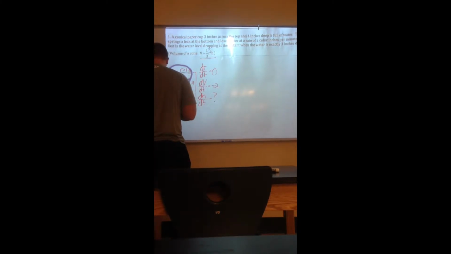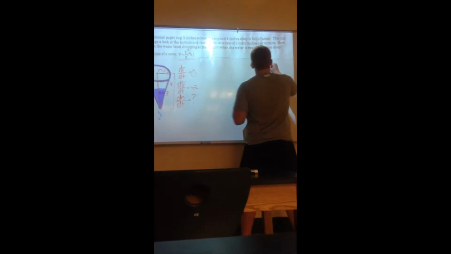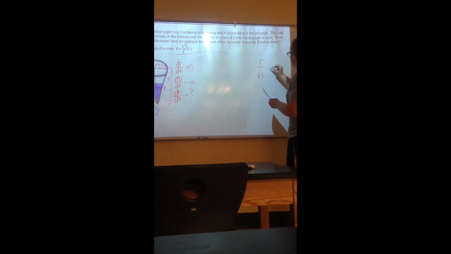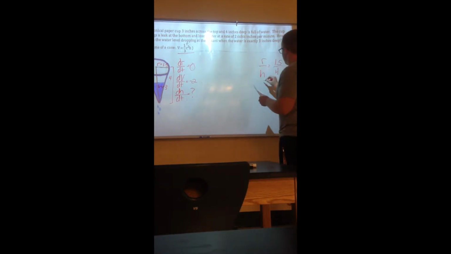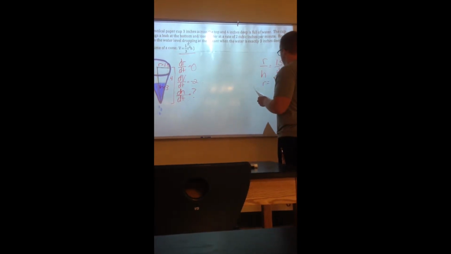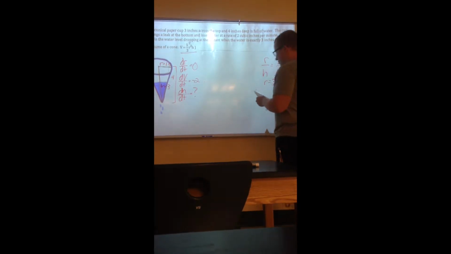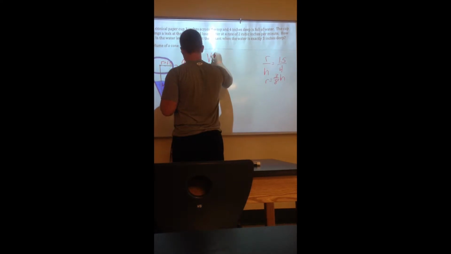We only want one variable in our problem, so we have to set up a proportion to put radius in terms of height. So you can put r over h equals 1.5 over 4. Then you'll get radius equals 3/8 h. So we can just put everything into our equation that we have.